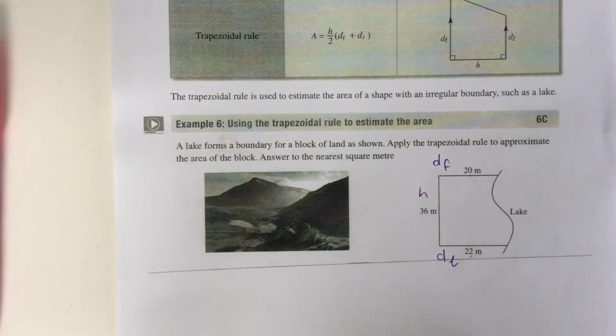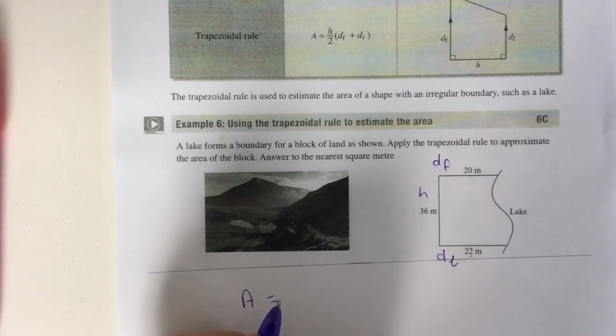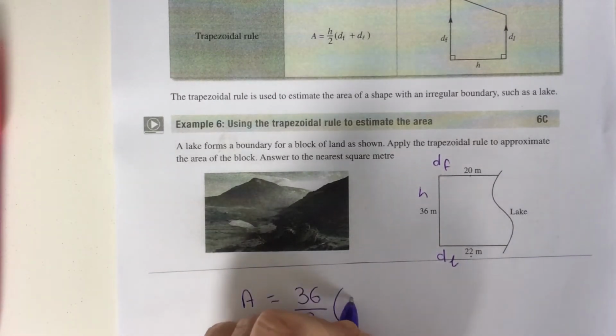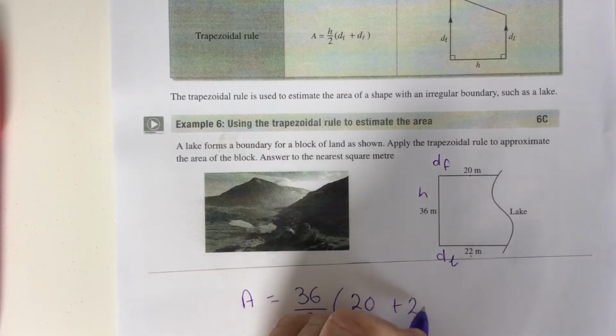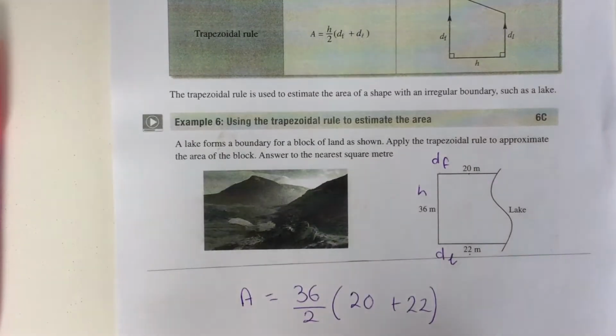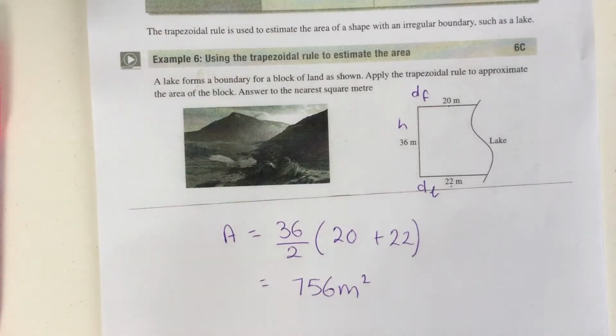So from that, we will simply go A equals, okay, the height is 36, put it over 2. Then we will go substituting in 20 plus 22 equals 756 metres squared. So that would be an approximation for that example.